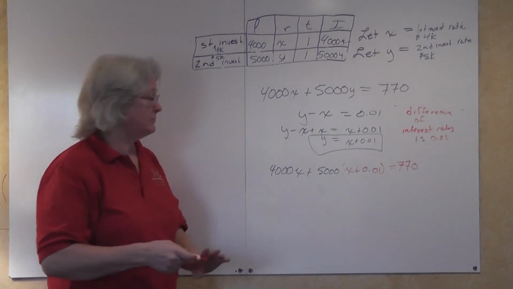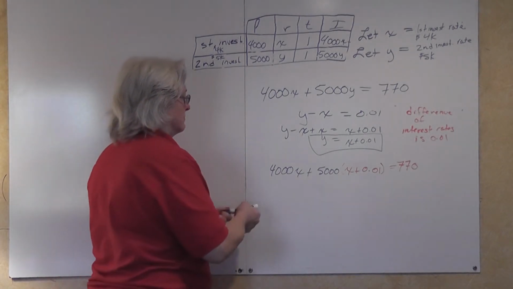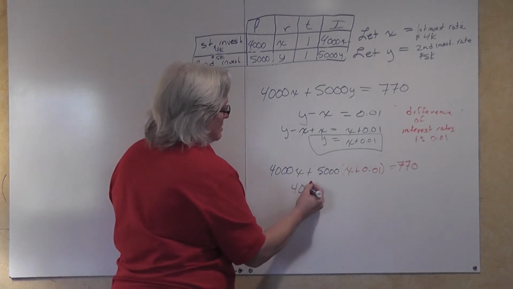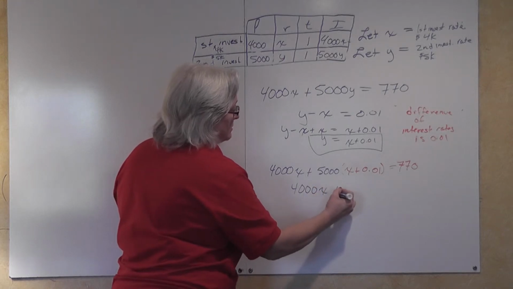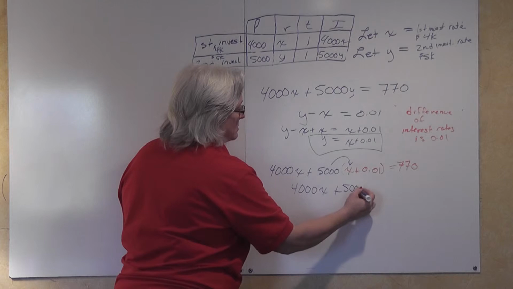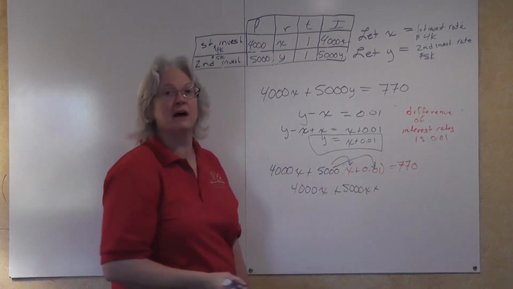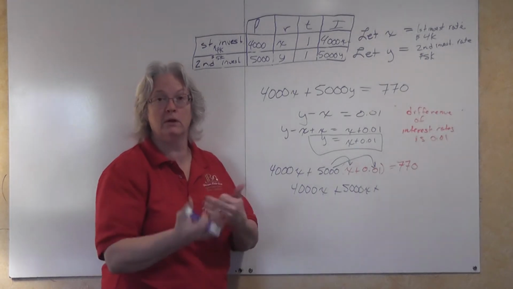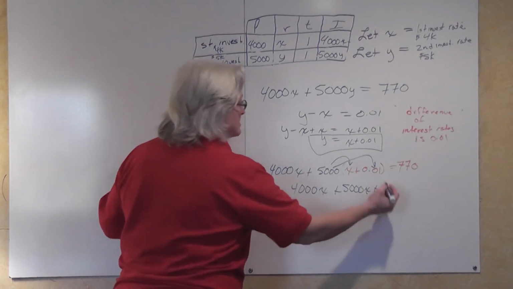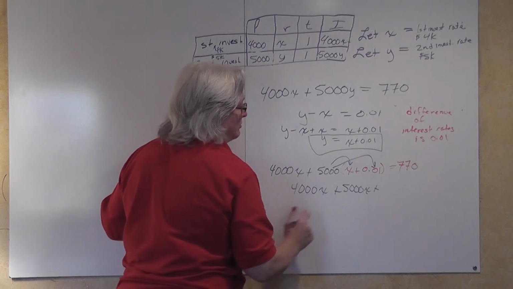Going to multiply. 4,000x plus, we're distributing, 5,000 times x, plus 5,000 times 0.01. Move our decimal point 2 units to the left because we're multiplying by 100.